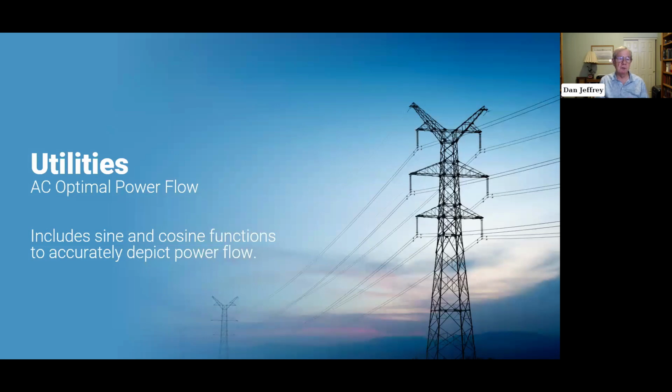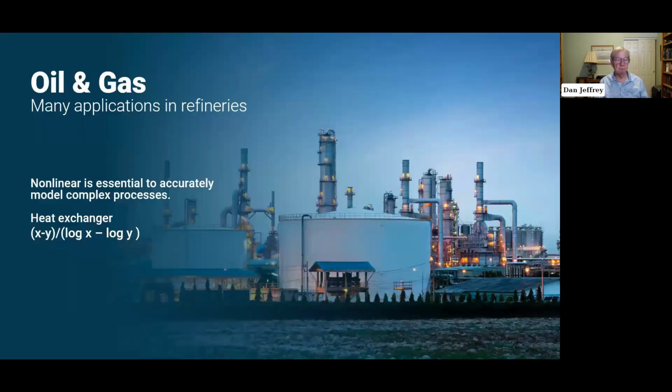In utilities, there's an AC optimal power flow model that most modeling of power grids is done with DC because it's linear. It's easier to represent in a math programming model, but it's more precise to do it with these nonlinear terms that they prefer. And so that's now possible with Gurobi.